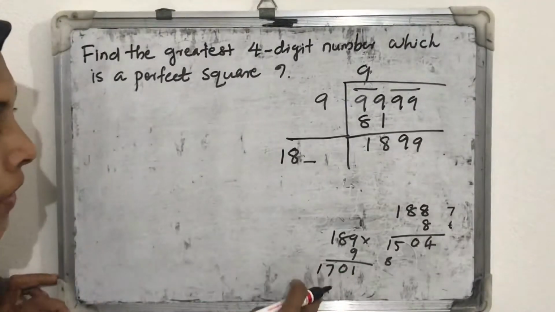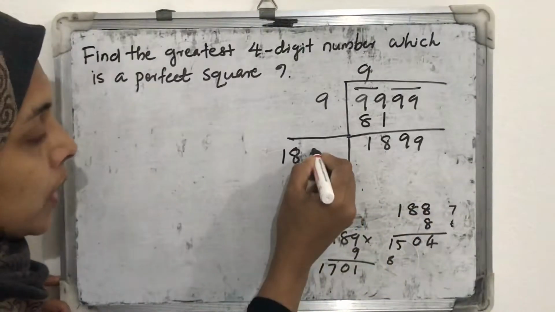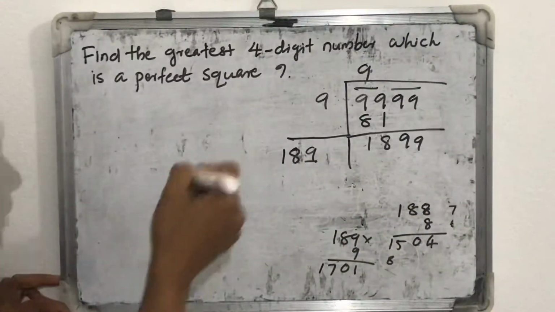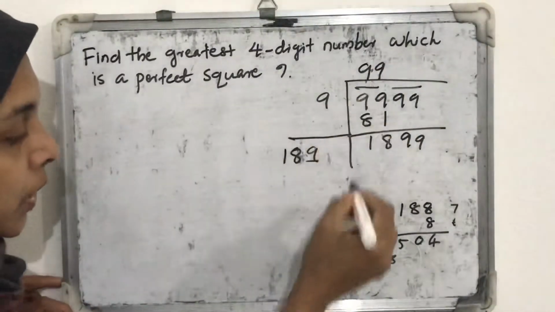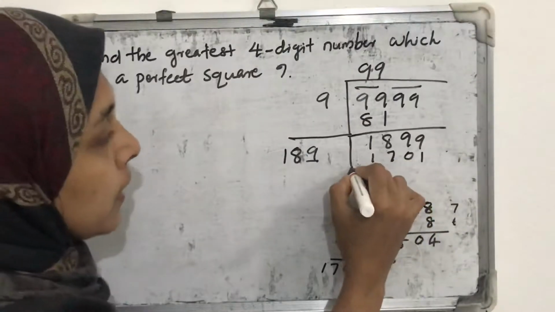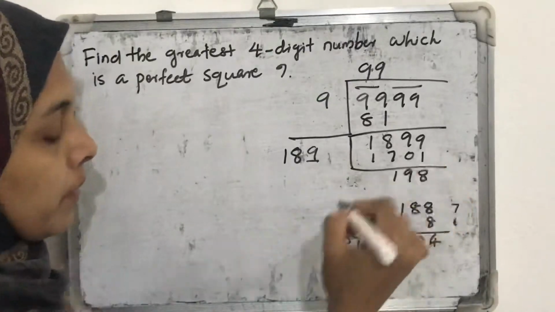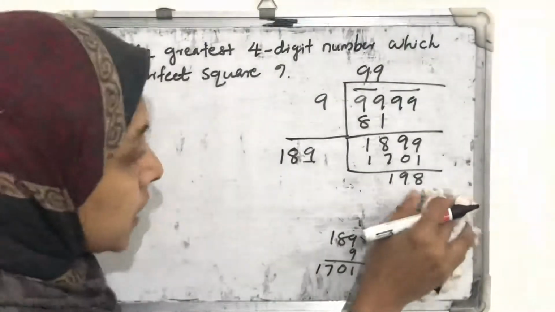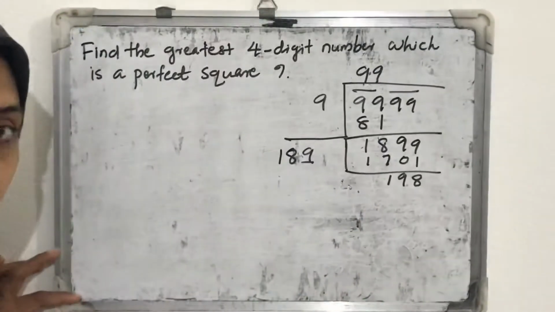So the possible digit is 9, and we put the same number in the quotient also. 189 into 9 is 1701. Then subtract: 1899 minus 1701 is 198. So after the long division method, we get the remainder 198.